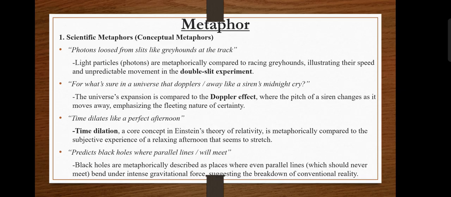So even though it comes under simile, it is symbolic and metaphorically referring to the double slit experiment that was carried out to show that light has dual nature. And next is for what's sure in a universe that Doppler's away, and it is comparing to the Doppler effect, time dilation. Next line. And after that it comes to the prediction of black holes. Black holes are metaphorically described as places where the usual rules of space or physics break down.